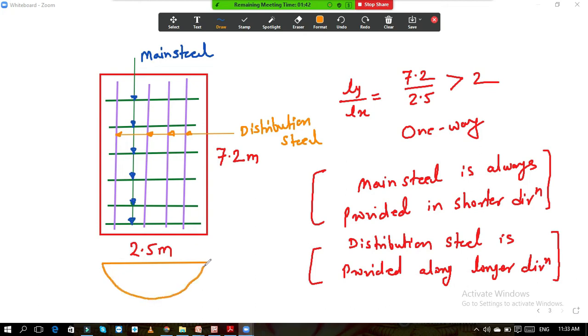Okay, so this is the deflection curve along the shorter span. And if we see the longer span, then the deflection will be like this.